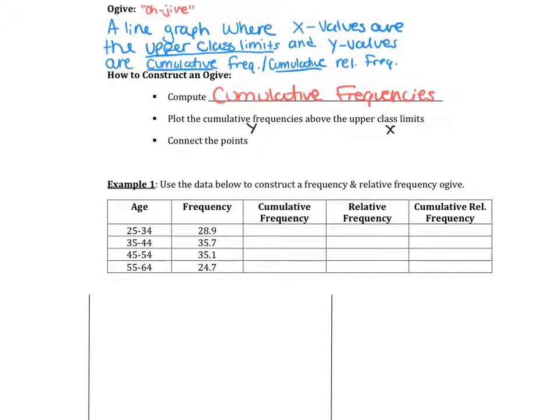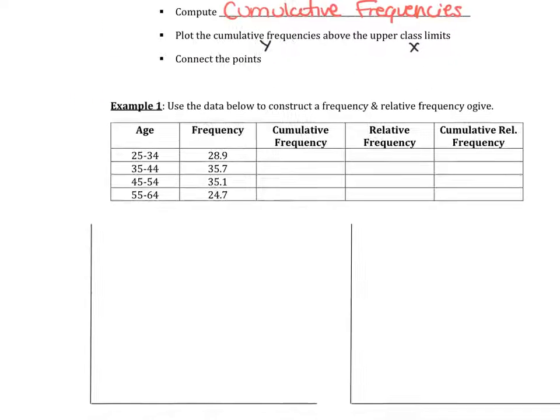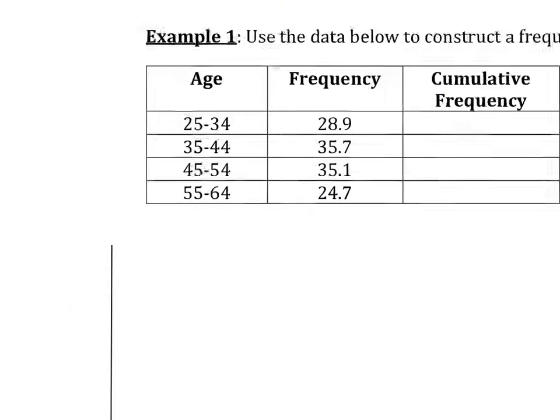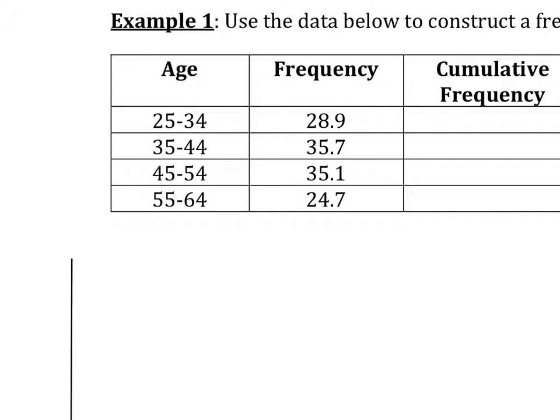Okay, so we're going to do an example. So I give you our intervals, our classes here. So again, the second numbers, these upper class limits, are your x-axis labels.